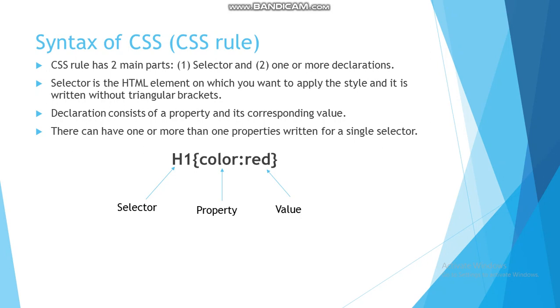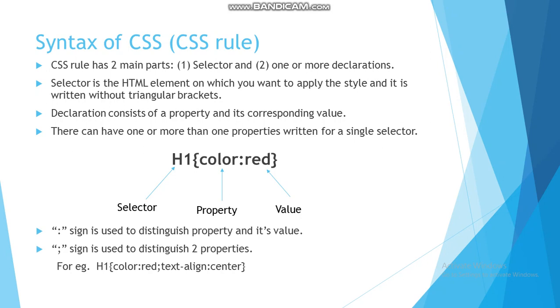Remember, this can be asked in examination, that which sign is used to distinguish property and its value in CSS. So the answer is colon sign. So colon sign is used to distinguish property and its value. And remember, if there are two or more than two properties, then we have to separate it using semicolon sign. So semicolon sign is used to distinguish two properties.